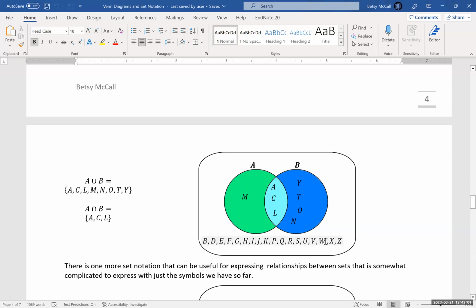So all the letters I haven't used are in the universal set, but outside both A and B. My union is all of these, and my intersection is just these three.